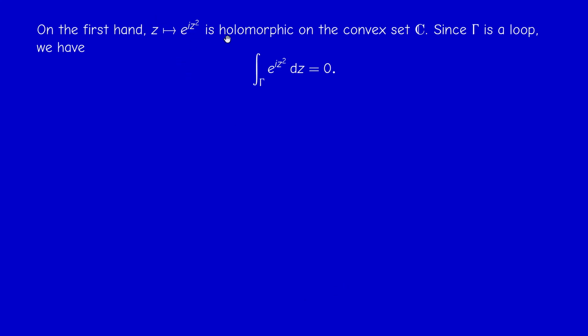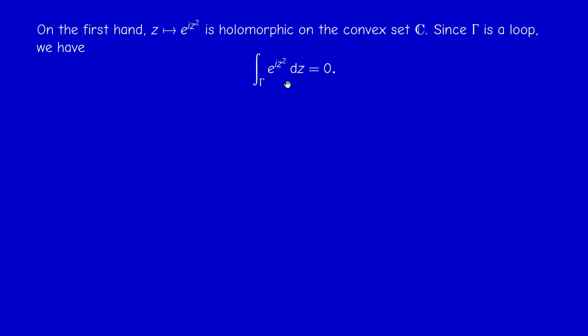e to the iz squared is holomorphic on the convex set C. Okay, so the domain of holomorphy is convex. And we know by a theorem of section 2.1 that e to the iz squared possesses an antiderivative, or equivalently, the integral over any loop is 0.